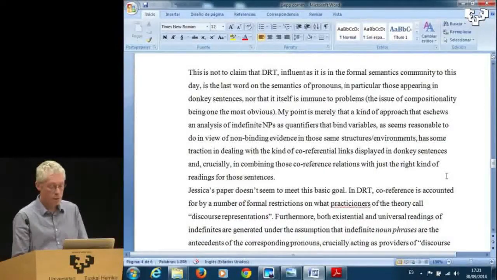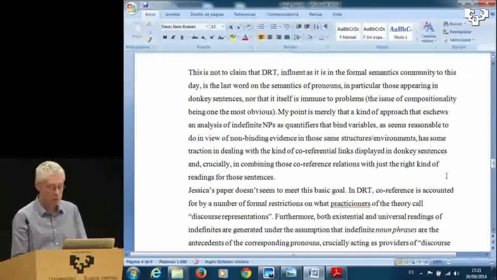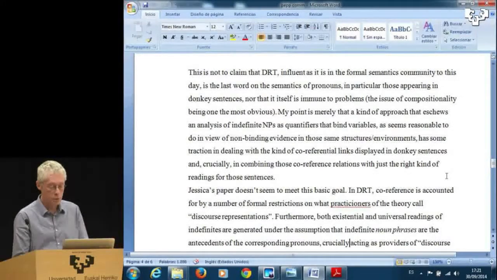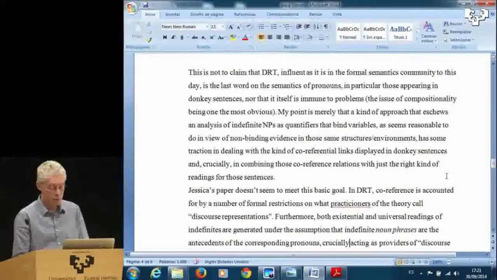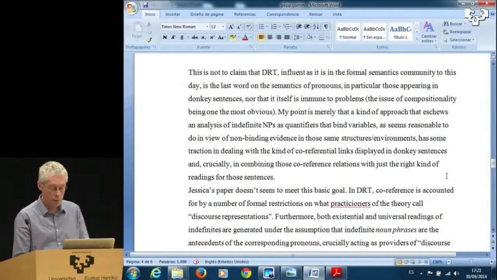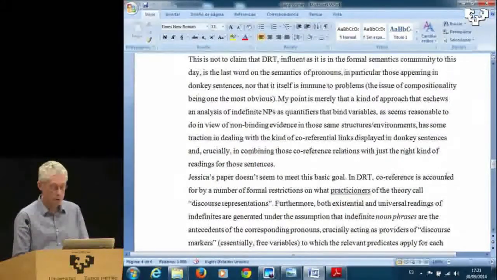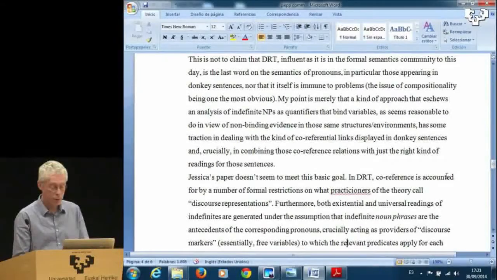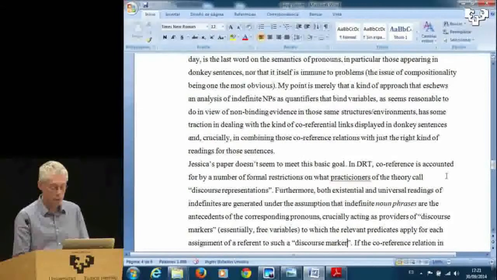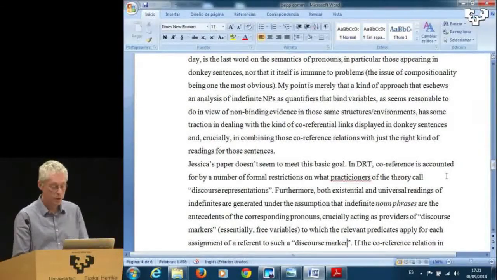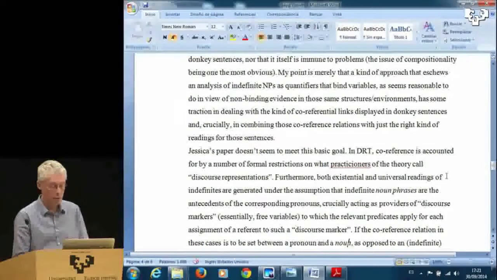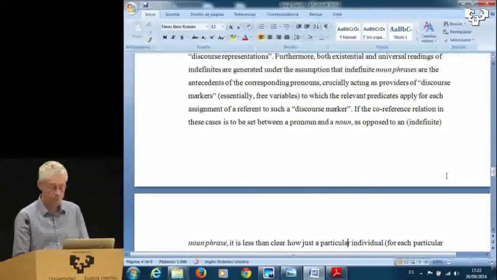Jessica's paper doesn't seem to meet this basic goal. In DRT, coreference is accounted for by a number of formal restrictions on what practitioners of the theory call discourse representations. Furthermore, both existential and universal readings of indefinites are generated under the assumption that indefinite noun phrases are the antecedents of the corresponding pronouns, crucially acting as providers of discourse markers, essentially free variables, to which the relevant predicates apply for each assignment of a referent to such a discourse marker.